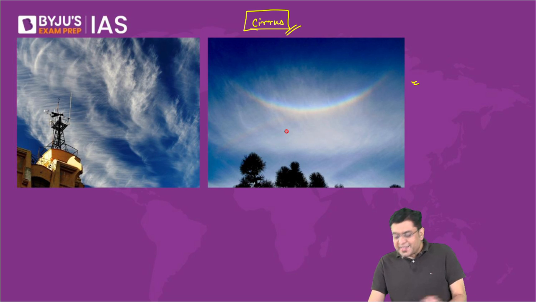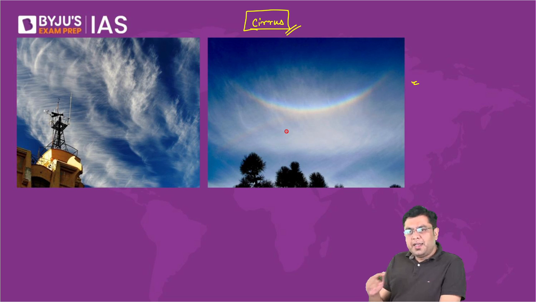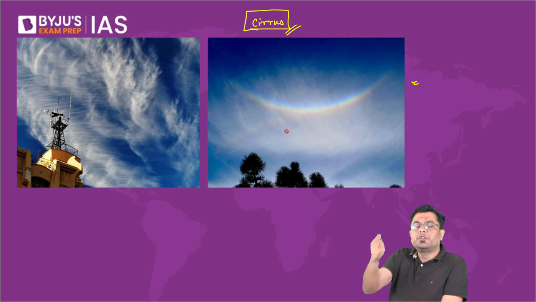Better you understand the naming of it. If you understand the naming, you will never be required to learn this. So understand the naming: high altitude, cirrus or cirro; mid altitude, alto; low altitude, stratus, cumulus, stratocumulus; and multi-layered, nimbostratus and cumulonimbus.